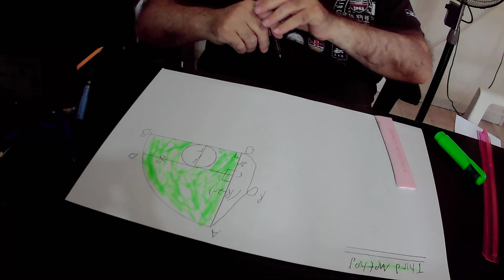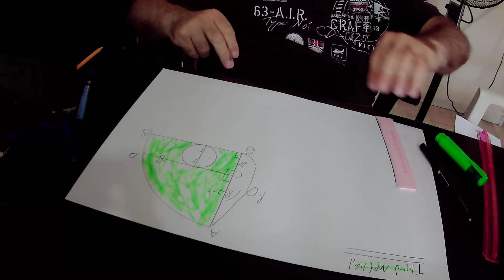In the next step, we'll complete the quarter circle to a semicircle.